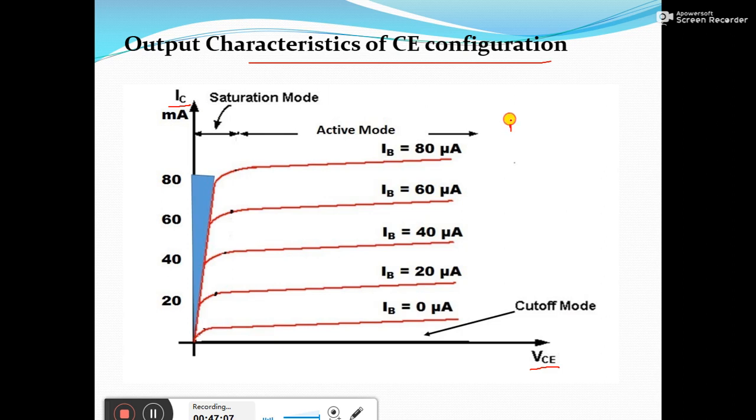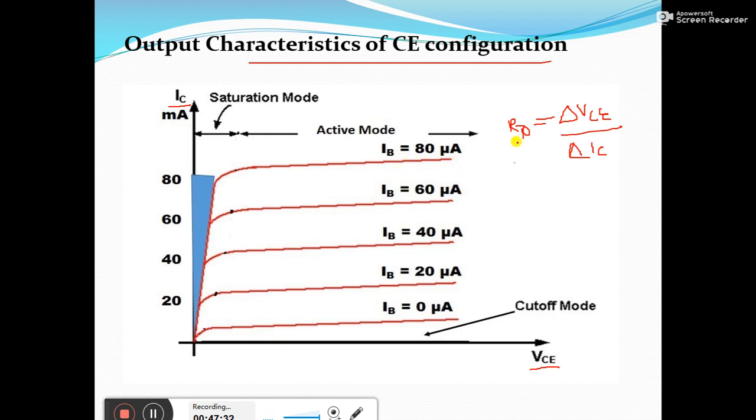Now here also we have to define R0, that is output resistance. R0 is nothing but delta VC to the resulting change in delta IC, output voltage divided by output current at constant input current, that is IB.